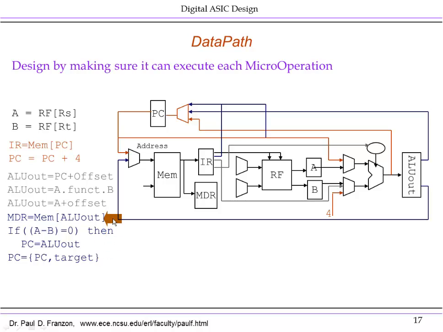We need to send ALU out as an address to the memory to perform this micro operation. And we need to be able to take the target, which is in the instruction register, concatenate with part of the PC in order to perform this operation.